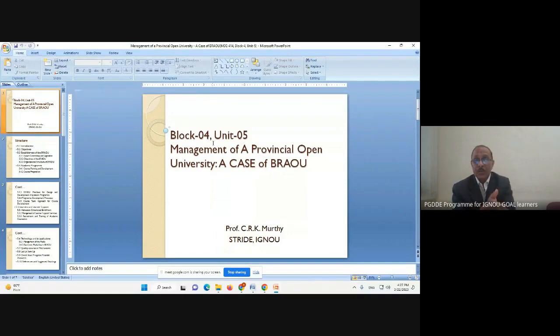It is a provincial university that came in 1982. Why did it come? Though discussions and consultations for the establishment of a National Open University were going on, the chief minister of Andhra Pradesh, who was ruling at that time, was convinced by an educationist that the world and educational needs are changing, and continuing education needs are increasing.